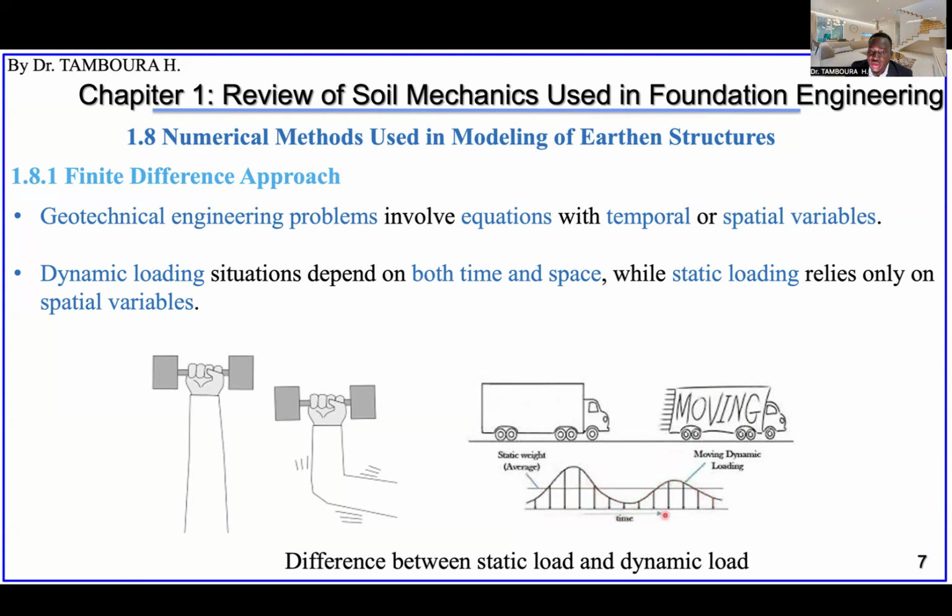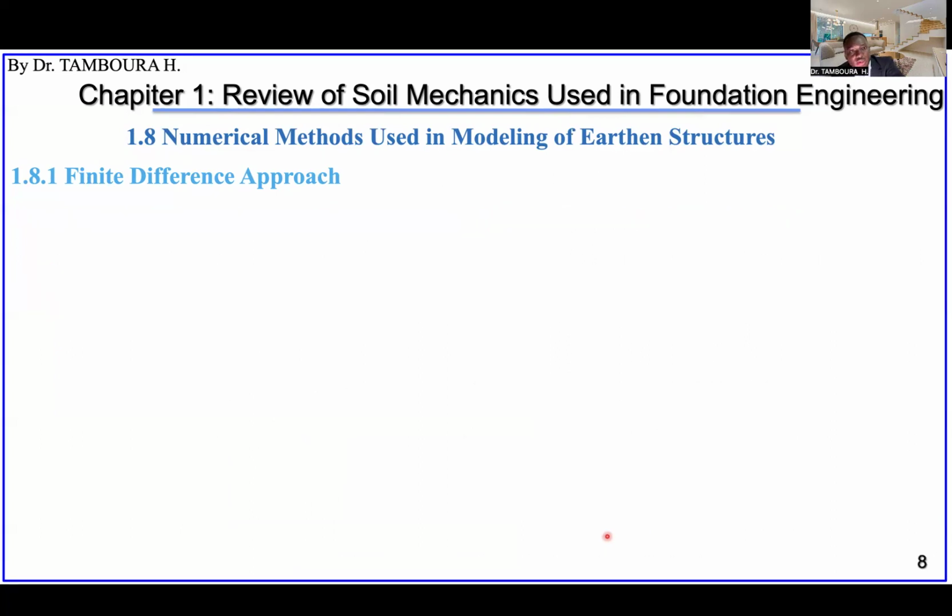This is just an illustration to show you the difference between static load and dynamic load. For example, for a train moving on a railway, you consider static load during the design of the railway, but for a bridge with cars or trains passing on it, you have to consider dynamic load.